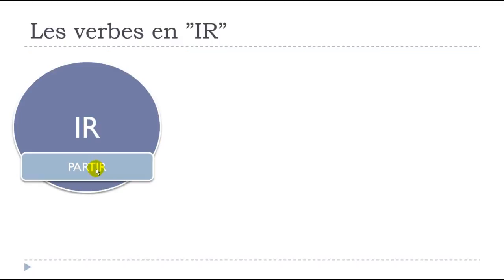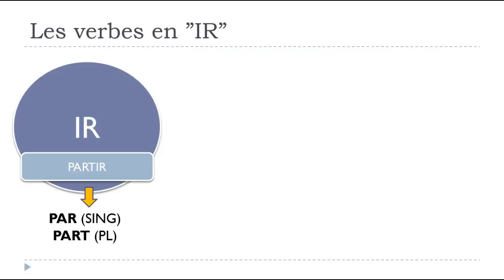And so, as I said, the idea is that we will have two different roots, two different stems. The first one will be par for the singular form. So we're talking about je, tu, il and elle, the singular form. And then for the plural form, we will have part, and we're talking about nous, vous, ils, elles.